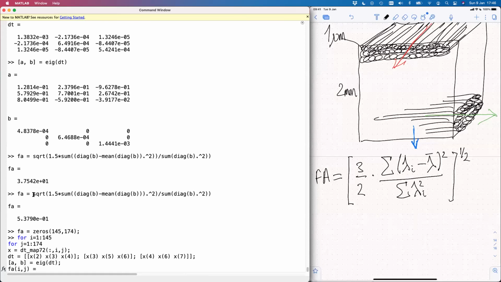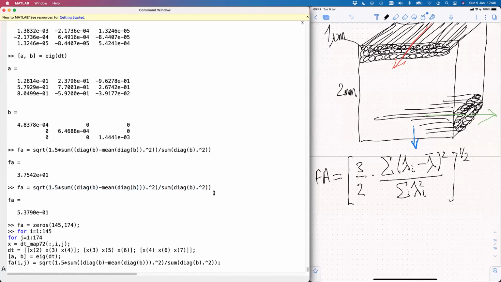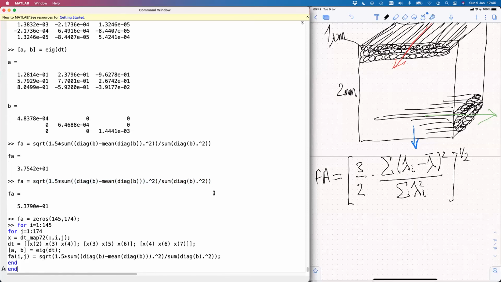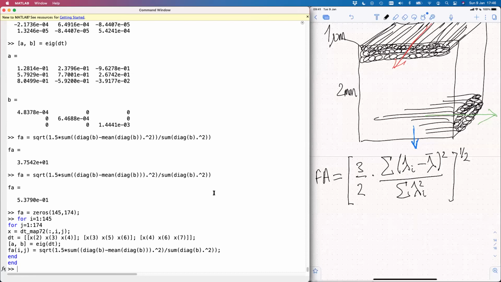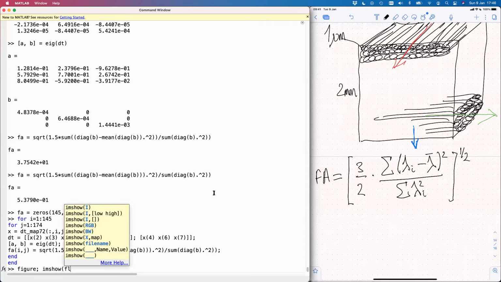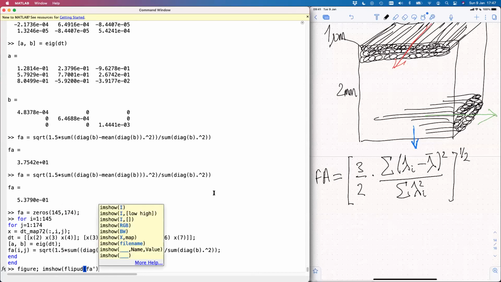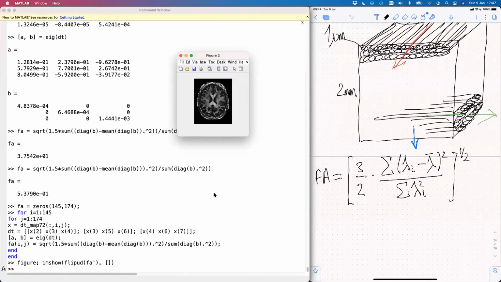Just cut and paste that from here. Let that go. Okay. And then let's show it in our usual way. There it is. Nice anisotropy map.